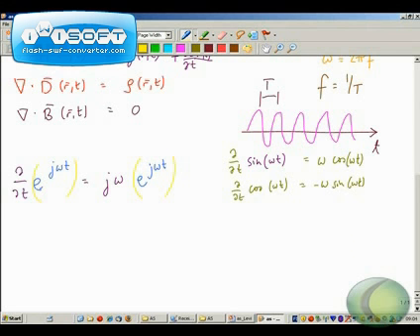So now let's come to a very important point, and I want to emphasize this. First, remember this one. Our notation is that we play with e to the plus j omega t, because many people, especially physics-oriented people, may talk about e to the minus i omega t.